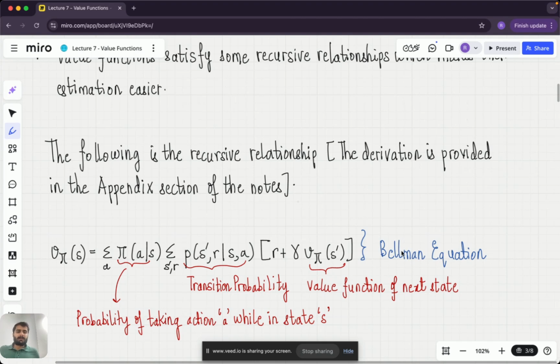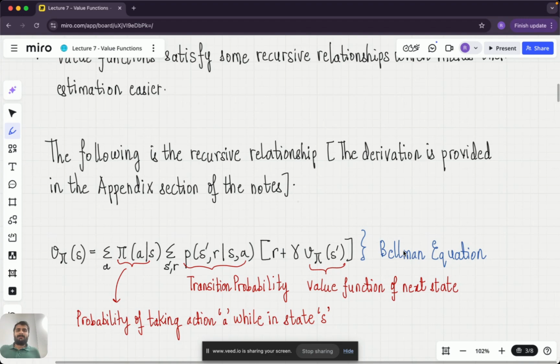So let me explain what this equation means. This is called the Bellman equation, and the Bellman equation is used to estimate the value function of a state. In other words, it is used to estimate the state value function.